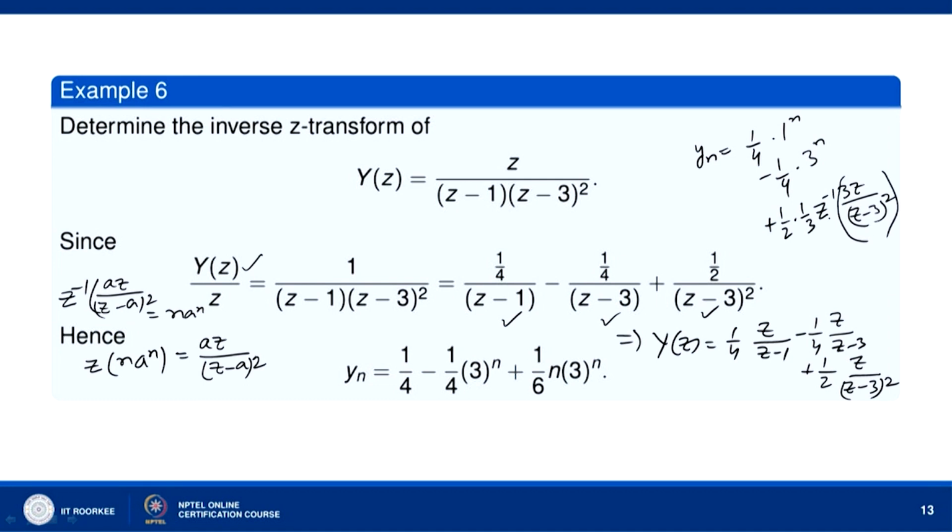So, the inverse Z transform of this will be equal to n into 3 to the power n. So, we have 1 by 4 1 to the power n minus 1 by 4 3 to the power n, then 1 by 6 n times 3 to the power n. Okay. So, we get this: 1 by 4 minus 1 by 4 3 to the power n plus 1 by 6 n 3 to the power n.